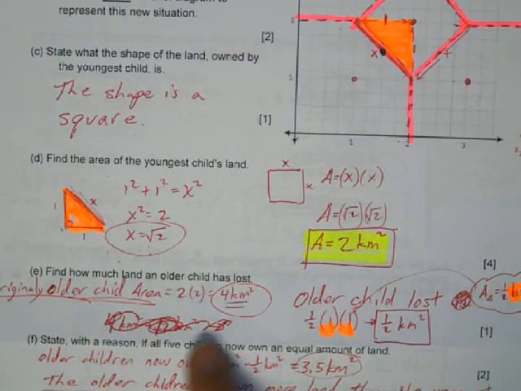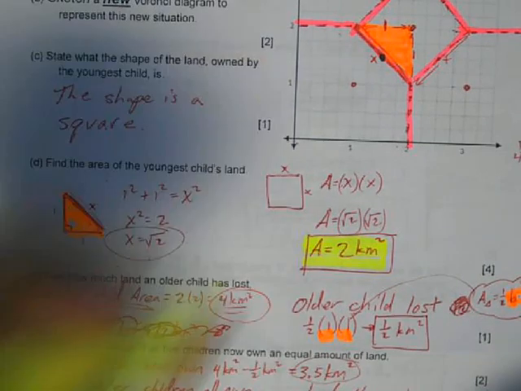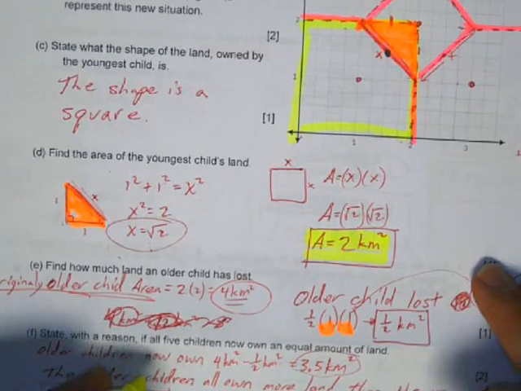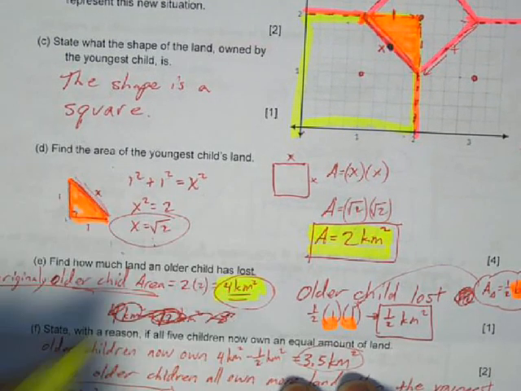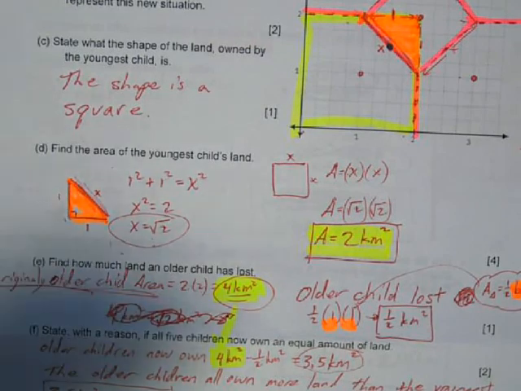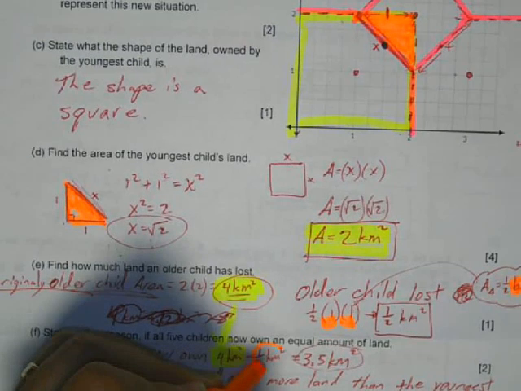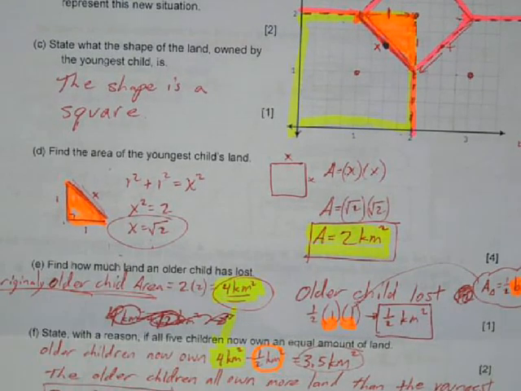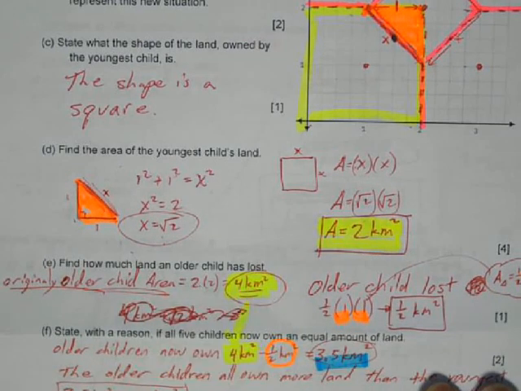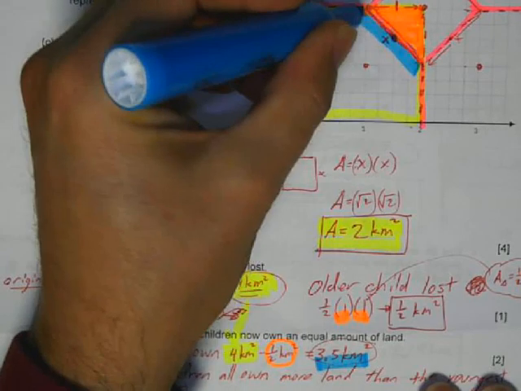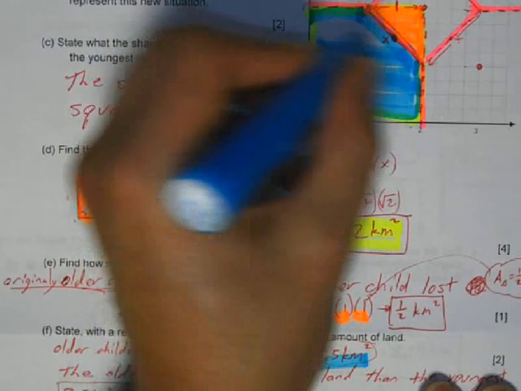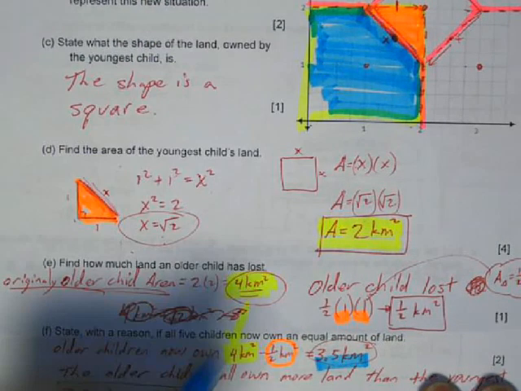The older children originally had 4 kilometers squared, but they've lost 1/2 a kilometer squared. So the new amount that the older children have, which I'm highlighting in blue, is 3.5.